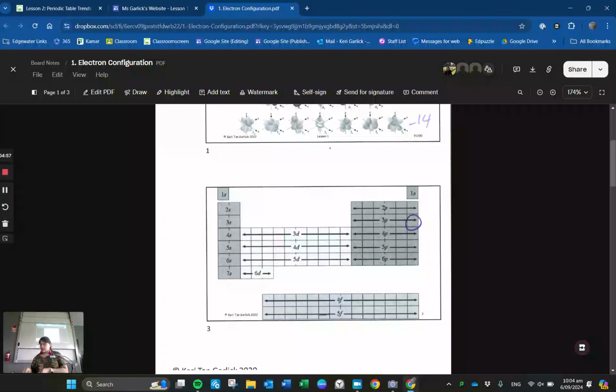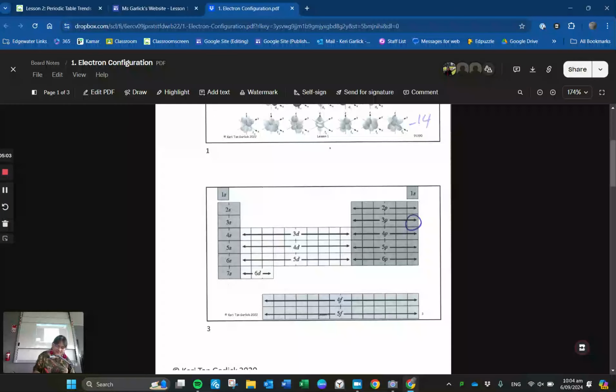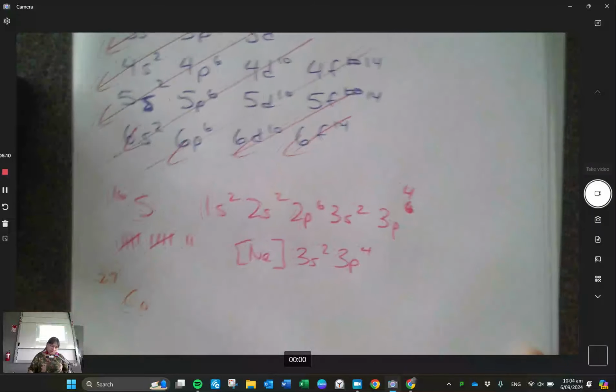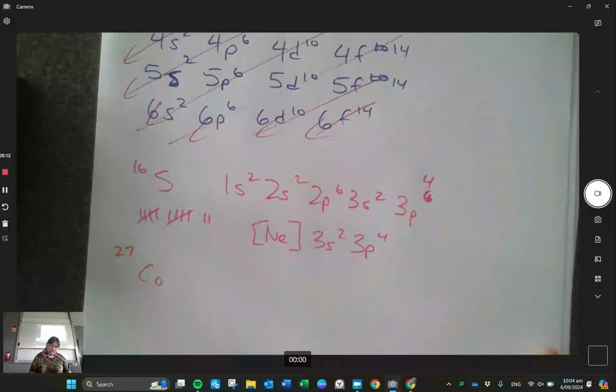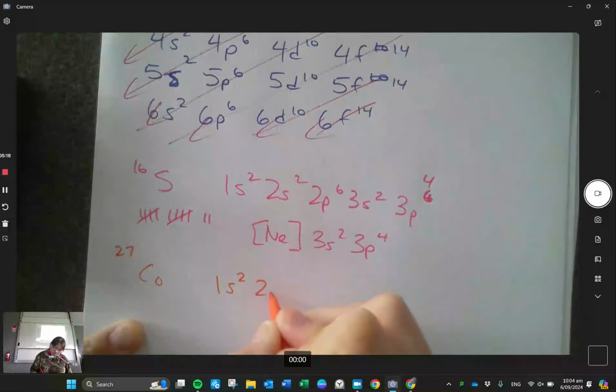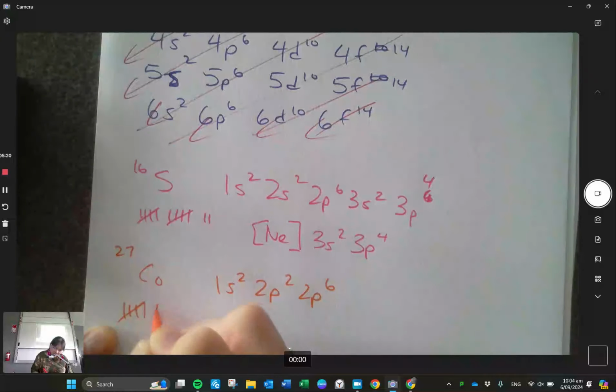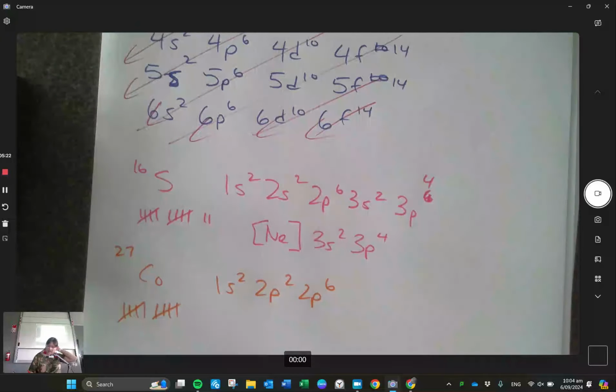Cool. All right, next one I had was cobalt. Cobalt has the atomic number of 27, so a little bit bigger here. All right, so we are trying to get up to 27. We know we have at least 10. That's 1, 2, 3, 4, 5, 6, 7, 8, 9, 10 is already what I've accounted for.